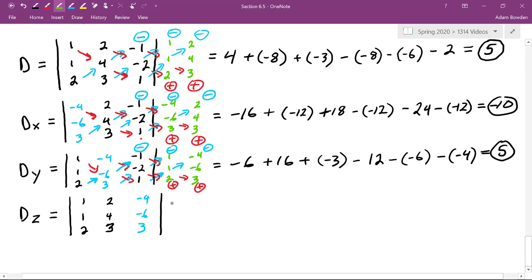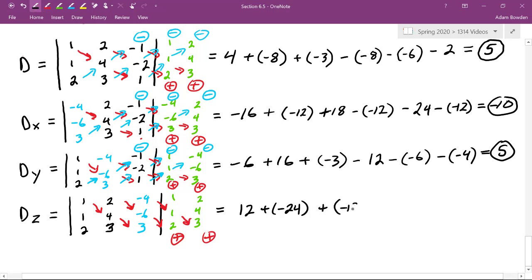Now the last determinant down here, we do basically the same process all over again. Start by multiplying this direction. We're going to start off with 12. Then down this direction, we'll have plus negative 24. And then we'll have plus negative 12.